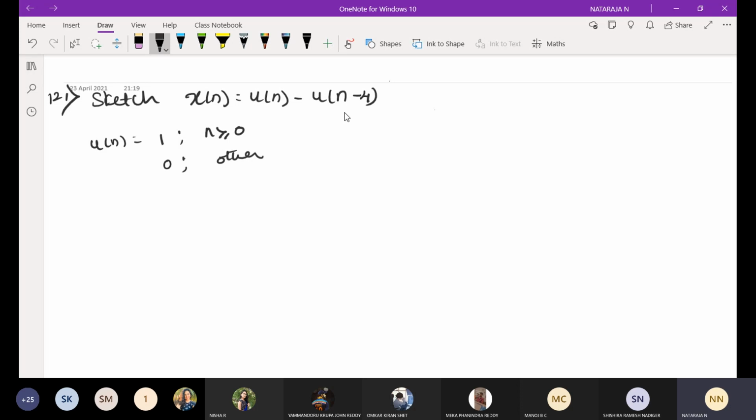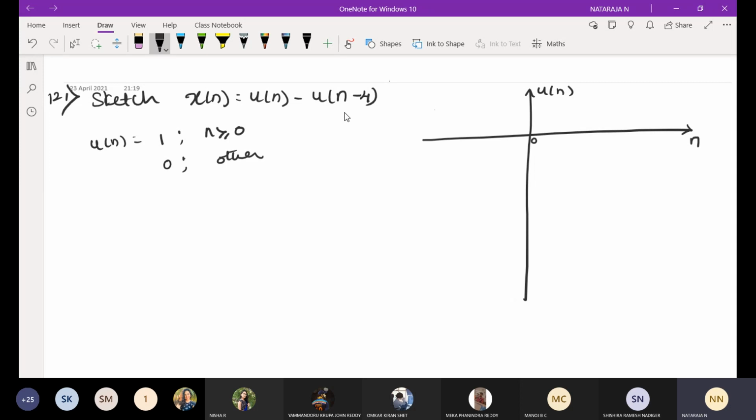Now I will sketch the signal for u of n. This will be from minus infinity to plus infinity with respect to n, because this is a discrete signal. Based on the equation, u of n is equal to 1 when n is greater than or equal to 0.